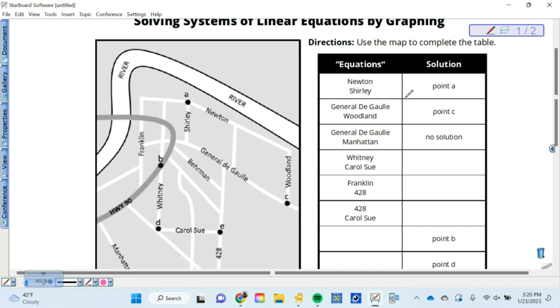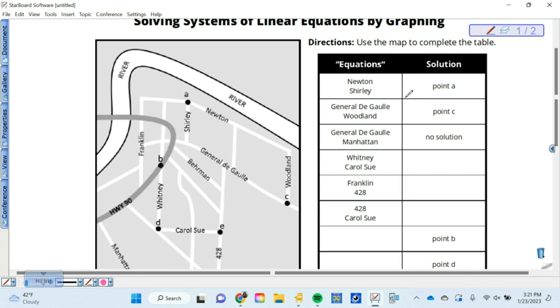Where's Carol's? Okay, so where does Whitney and Carol Sue intersect?